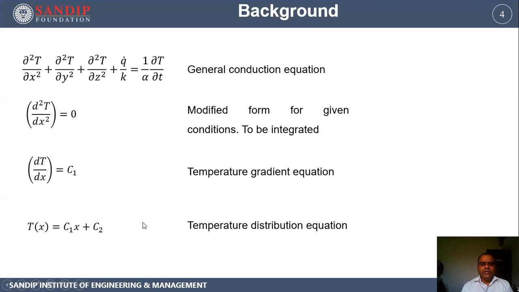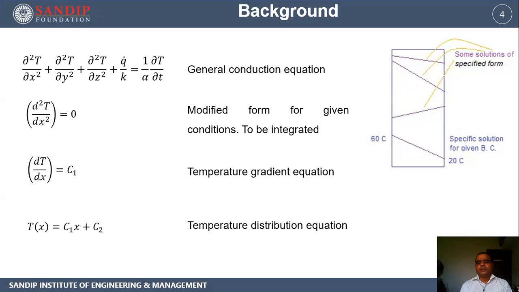So what we need to do for getting these values of C1 and C2, let us draw a diagram. Now we have got different solutions. This particular equation, T of x is equal to C1x plus C2, can have multiple solutions like this.